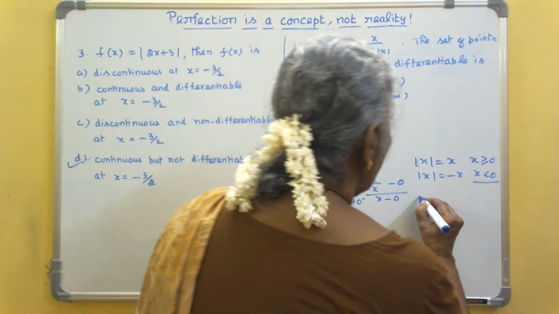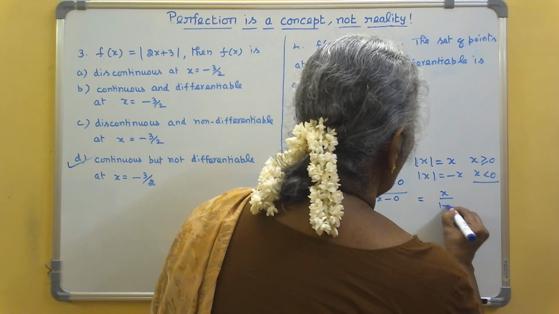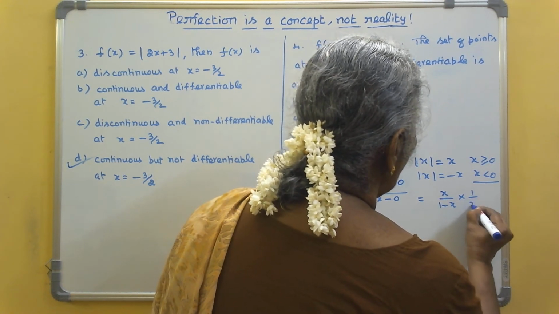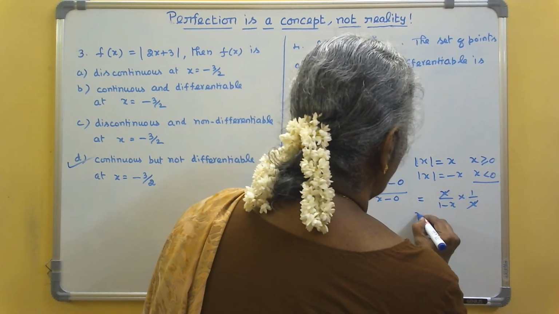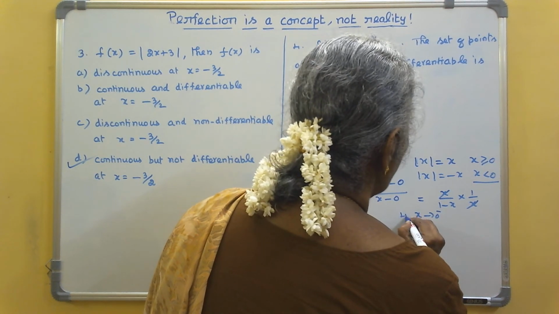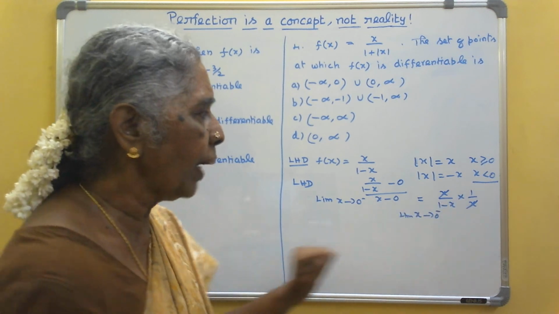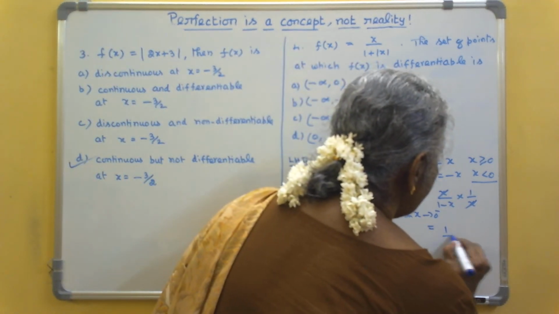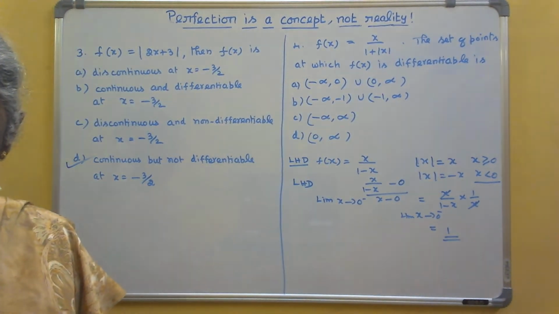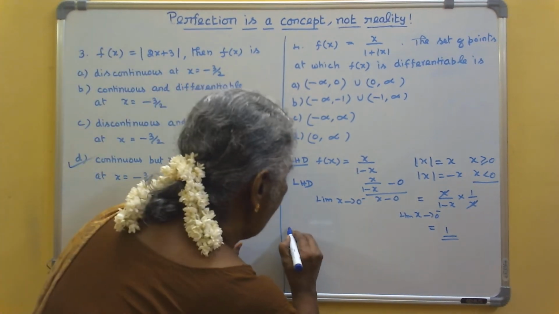So that will be equal to x/(1 - x) into 1/x. This x and that x will go, limit x tending to 0 minus. So when you put x = 0, 1/1, so your LHD, the answer is 1. Is it clear?